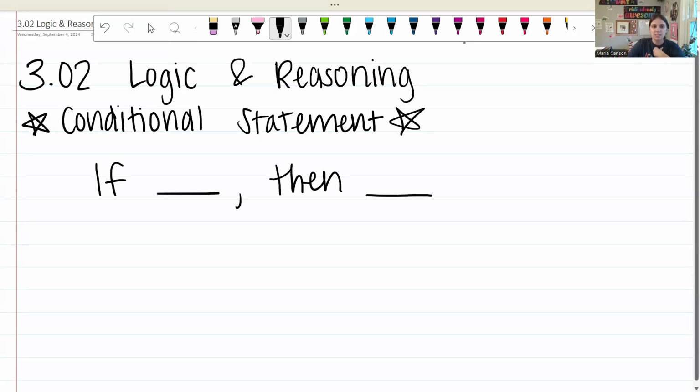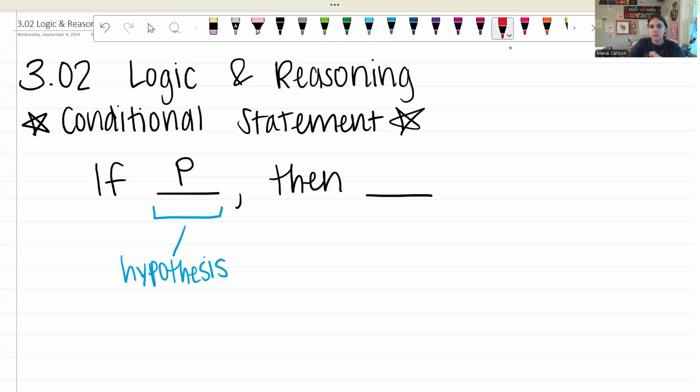This first statement, P, after if but before then, is what we call our hypothesis. So if P, then some other statement Q might occur, where Q is our conclusion.